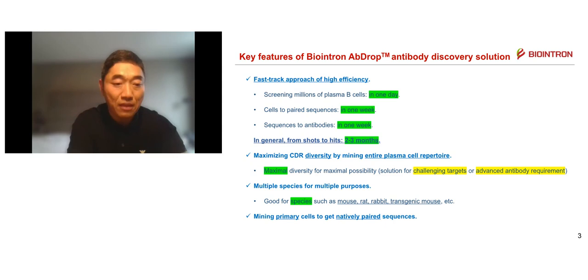Finally, like other single B cell solutions, this Biointron AbDrop solution mines primary B cells so that you can get natively paired sequences. In the coming slides, I will show 9 case studies, which will offer some facts to support these key features.